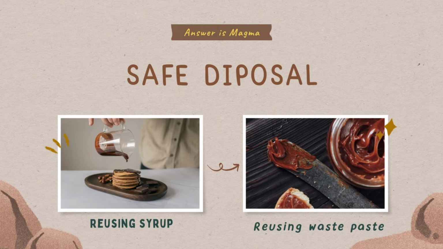Safe disposal of the chemicals used in the manufacturing process. We have two safe disposal methods. First, reusing syrup. Fountain confectionery products, candies, and jelly, chocolate and nut, if they are converted into natural, colorless syrup, can be reused as a basic raw material in any process.